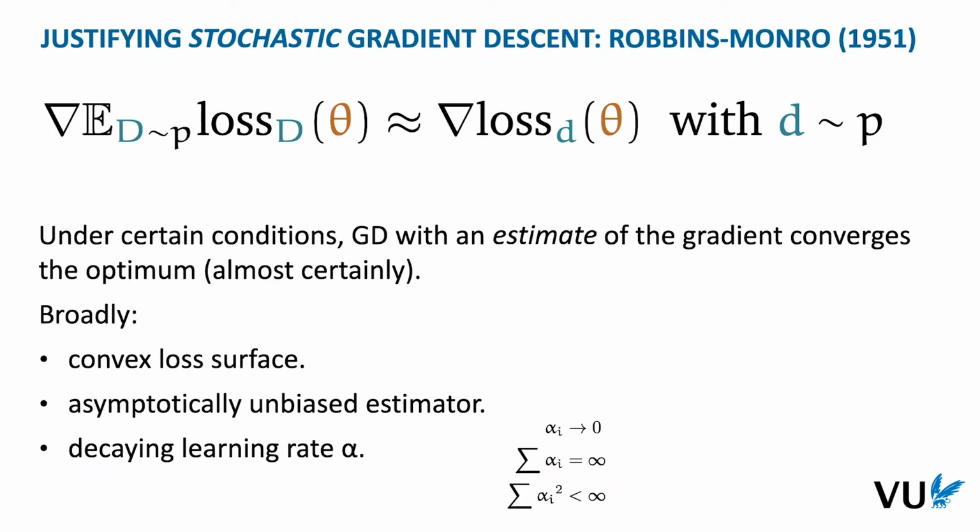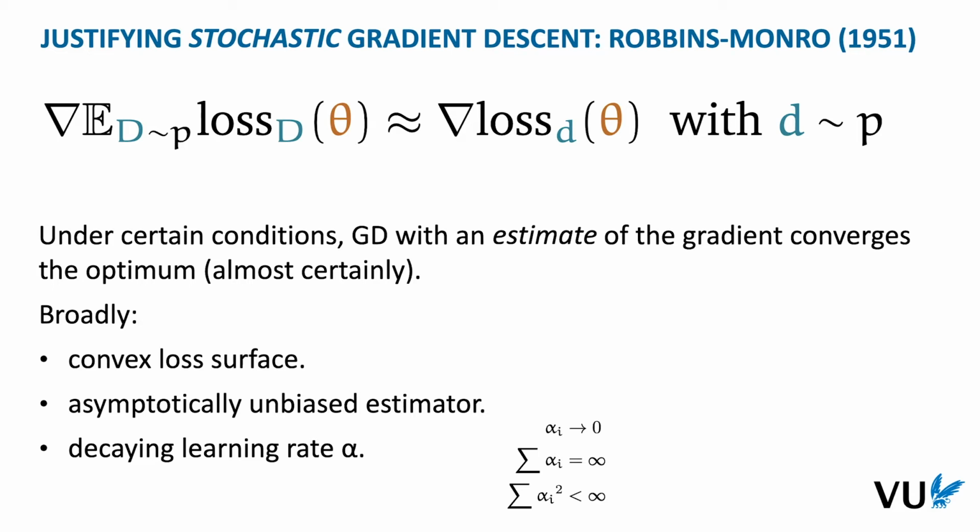Luckily, however, there are some results, most prominently the Robbins-Monro algorithm, which tell us that if we have just an estimate of this function that we cannot compute, but we can estimate it, then we can apply gradient descent with the estimate of the gradient.